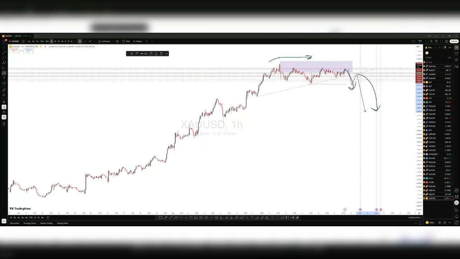Good afternoon. My question is on gold as well. I currently have a long trade running, and it has already hit my target, but I left my TP running and set break even.